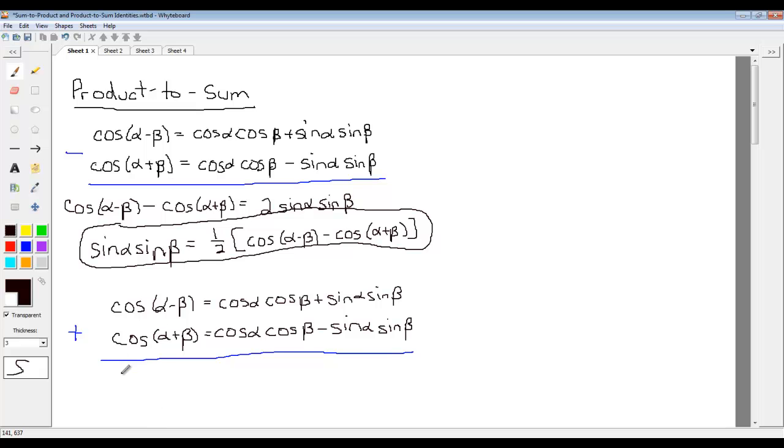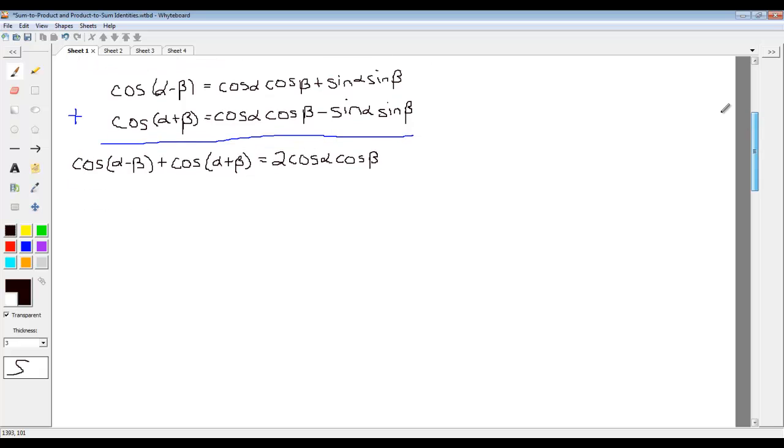So if I add them, I've got cosine of alpha minus beta plus cosine of alpha plus beta equals 2 cosine alpha cosine beta, and then the plus sine alpha sine beta and the minus sine alpha sine beta ends up being 0. So make sure this is a product to sum.